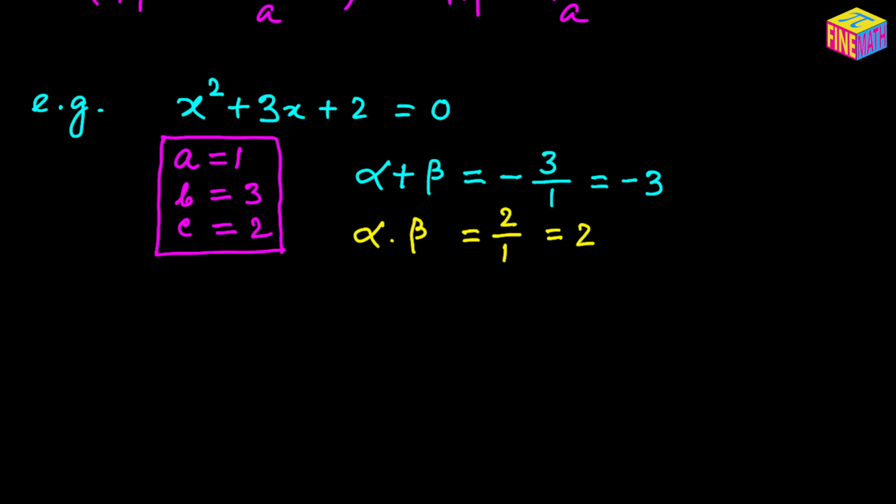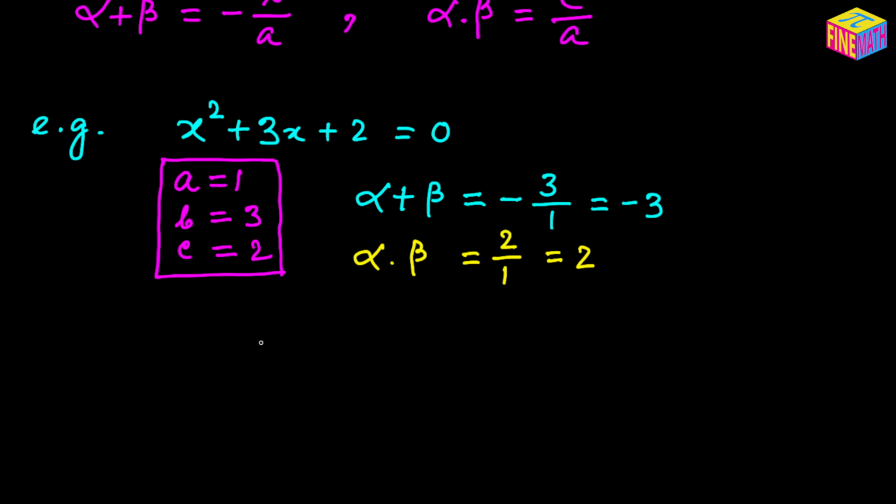Or sometimes you could be given a quadratic equation with a little unknown there. Let's take a second example. Suppose we have a quadratic equation where we have an unknown, right? So suppose x squared plus 3x plus c is equal to 0, but we have been told that the product of the roots, alpha times beta, is equal to 2, for example.